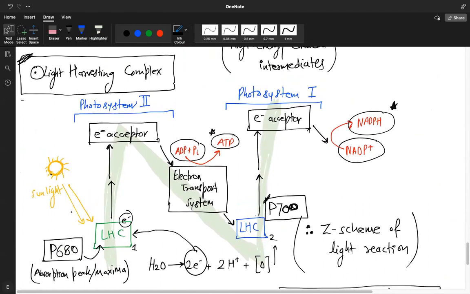Yes, please draw this and let me know when you're done. Pay attention to it. This is the most important part. If you understand that and the Z scheme, you're done.